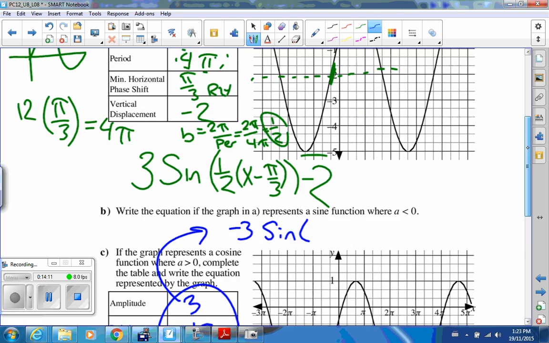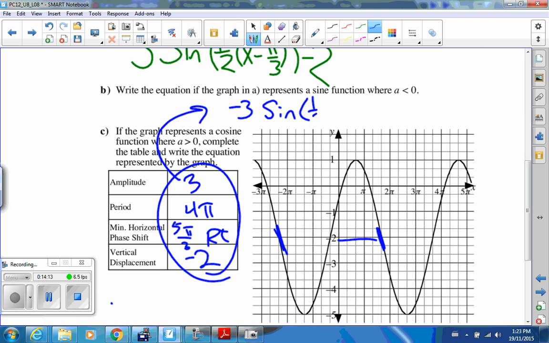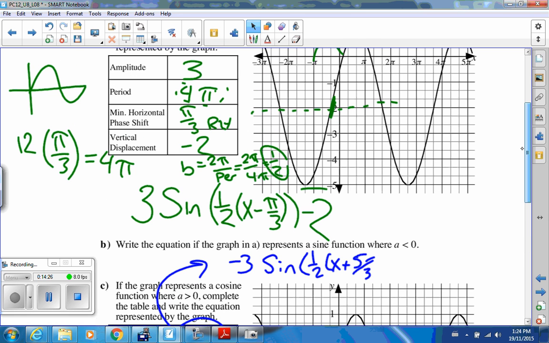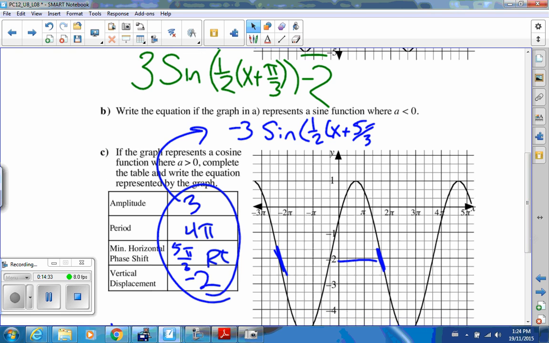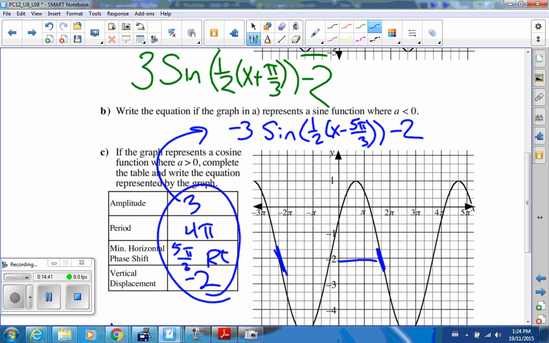The b value. 1/2 x plus 5 thirds, no, minus 5. I got signs backwards all over the place here. To move this left, that really ought to be plus. And then to move this right, that ought to be negative. Whew. Long day, long day. That's that.